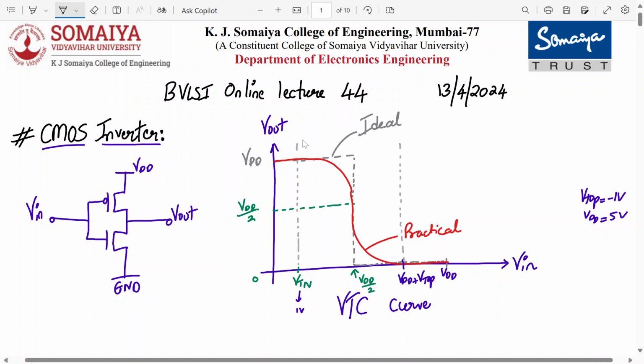There is a small transition region in the middle where the output is switching drastically from a higher logic to a lower logic immediately.